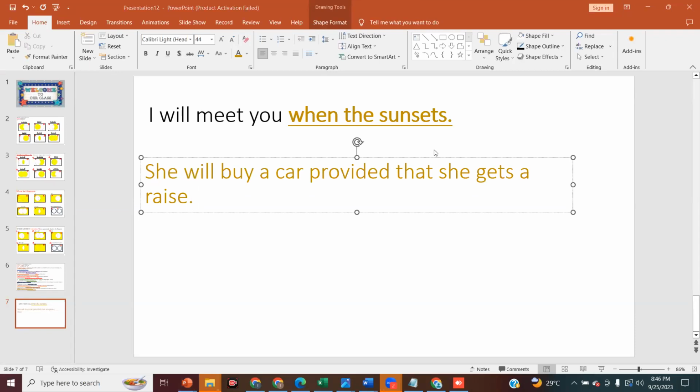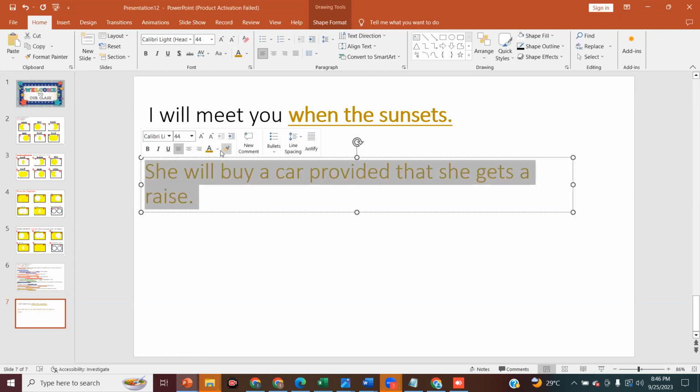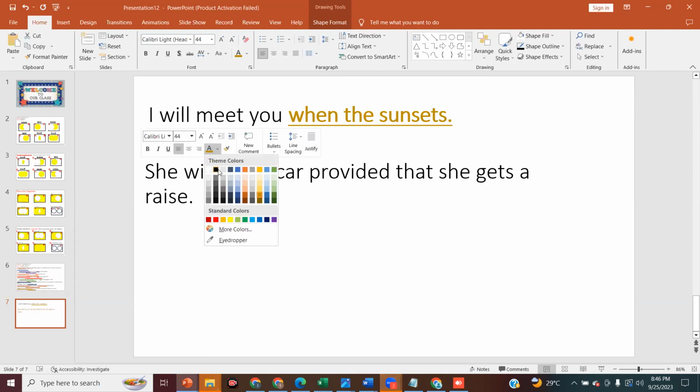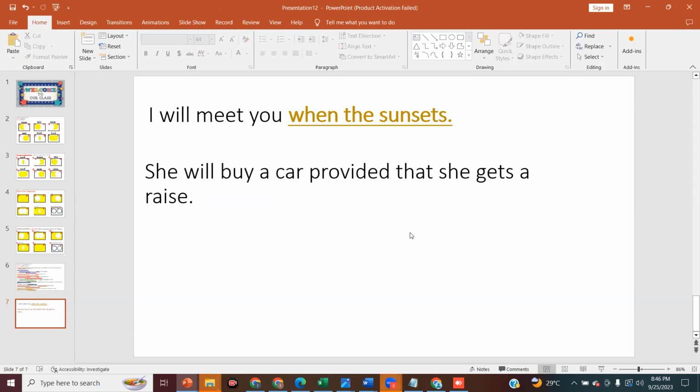Is that an adverbial clause of time? Manner? Place? Action, condition, consequence, or purpose? She will buy a car provided that she gets a raise.